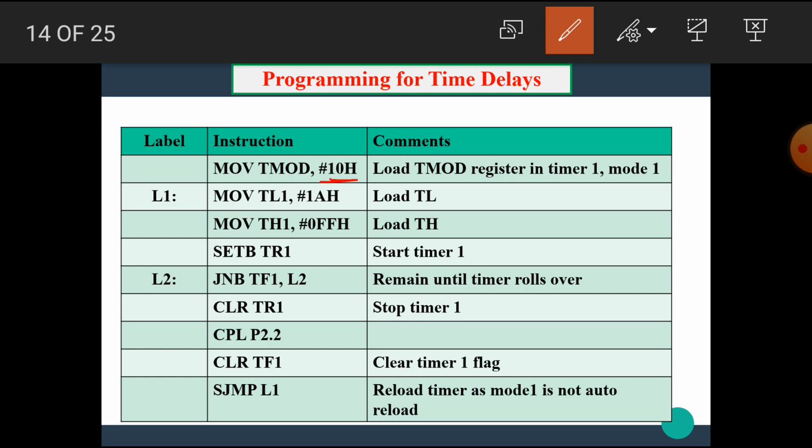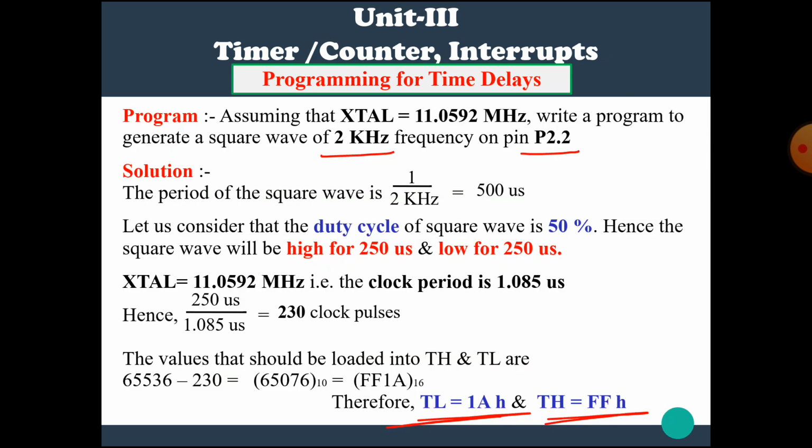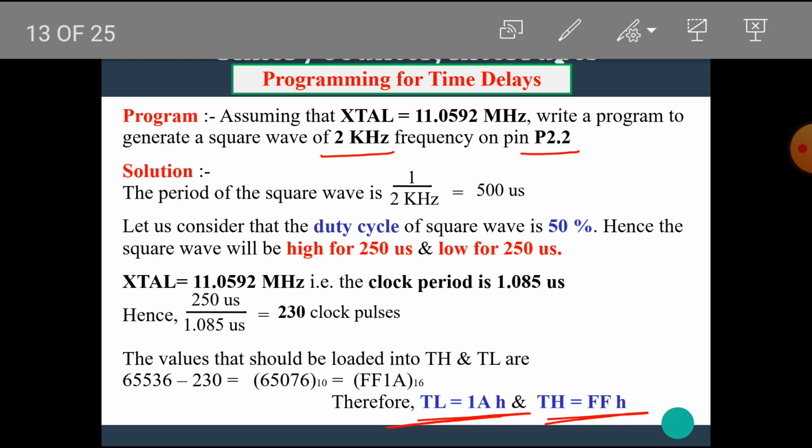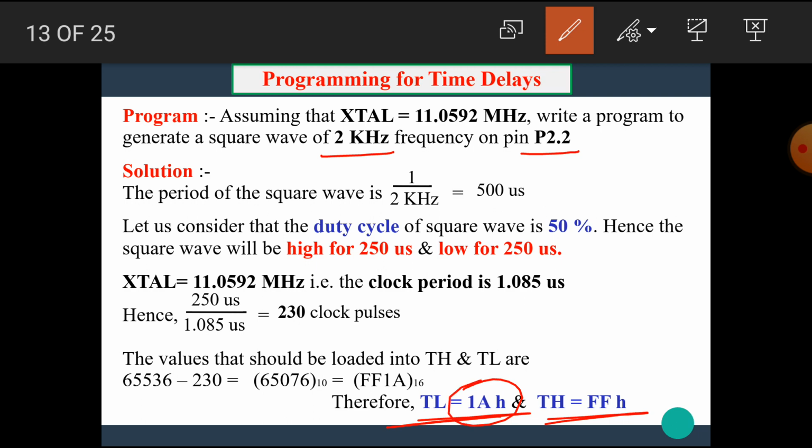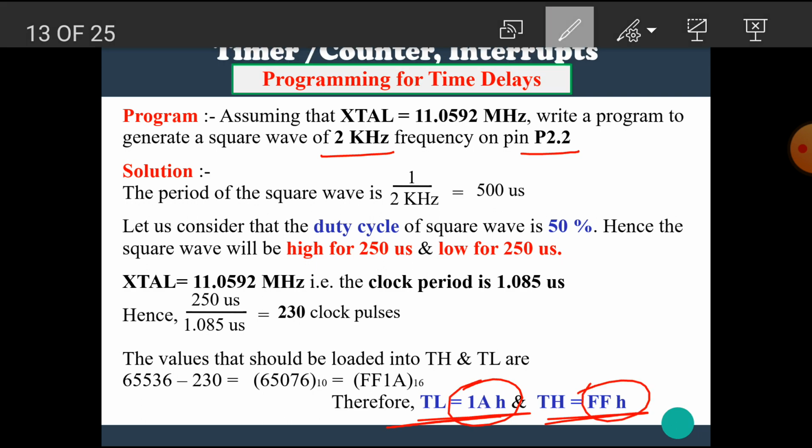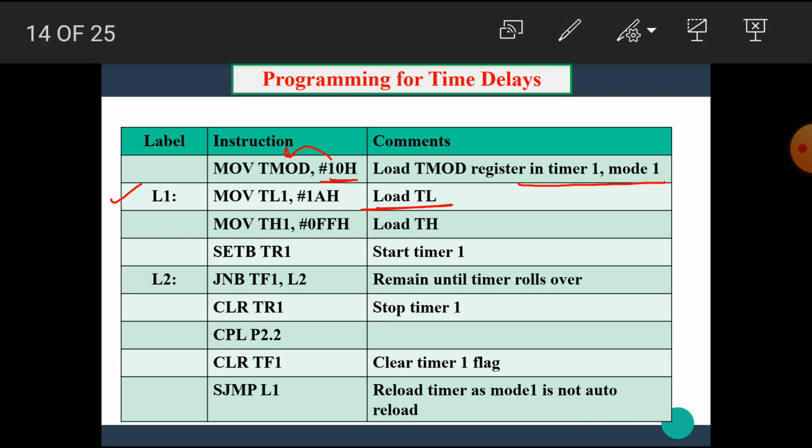By loading 10H into the TMOD register, we get timer 1 in mode 1. Then label L1: MOV TL1, #1AH. That means load TL, and we calculated the value of TL as 1AH. We also have to load TH with FFH, hence the next instruction is MOV TH1, #0FFH.